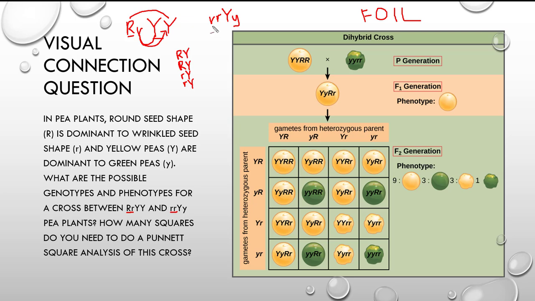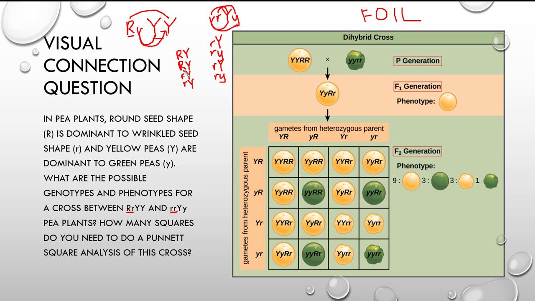So first would be little r, big Y, outer, that's this guy and that guy, so that's little r, little y, inner, little r, big Y, and then last, little r, little y. So again, I only have two different gamete combinations. I have little r, big Y, and little r, little y.